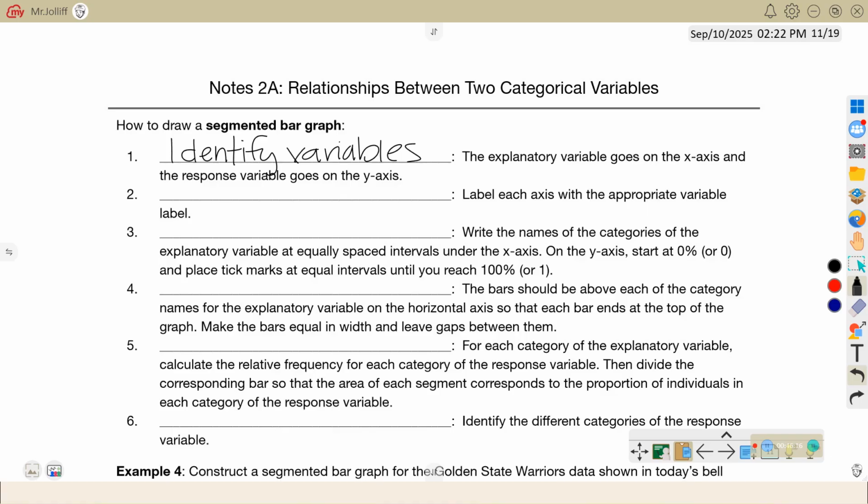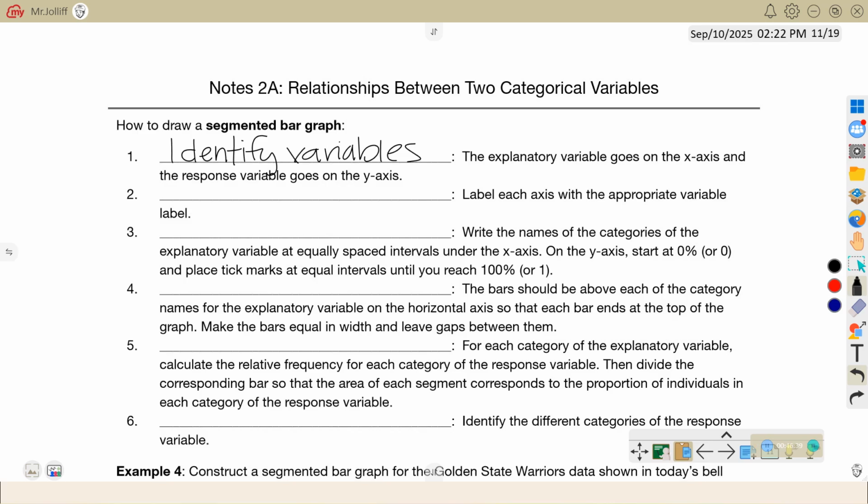It is good practice to put the explanatory variable on the x and the response variable on the y. When we start doing numeric paired data later, we will also stick with this rule: explanatory on the x, response on the y. You saw this in science and math class: independent on the x, dependent on the y. Same rules here.